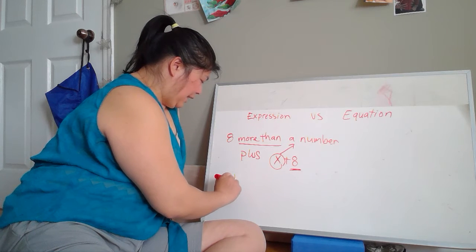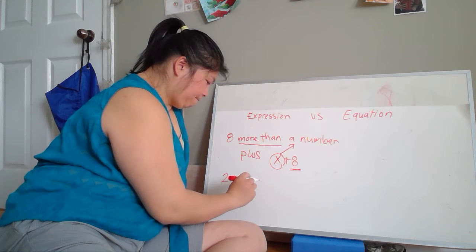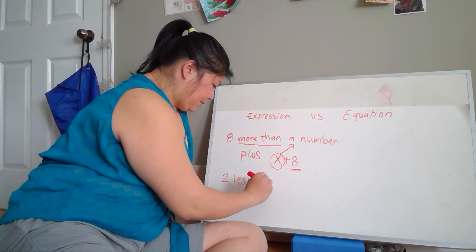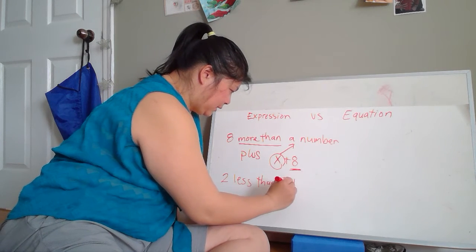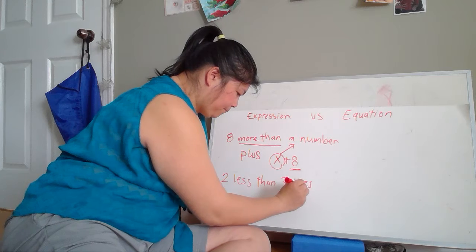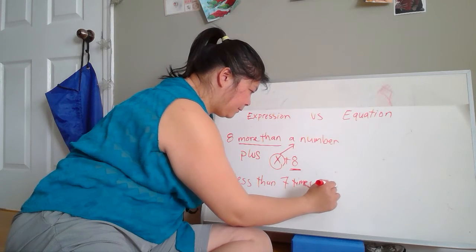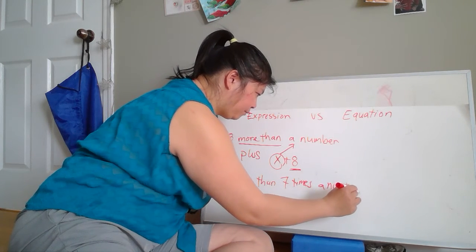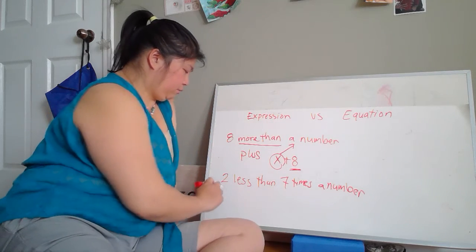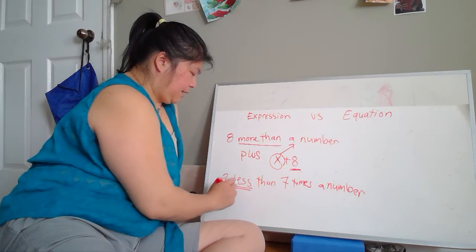What about 2 less than 7 times a number? So break that down. Less than, what does that mean?